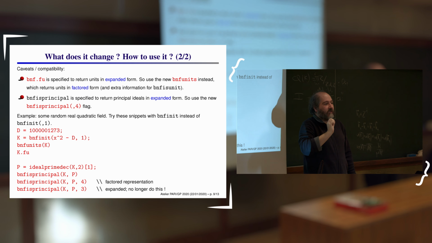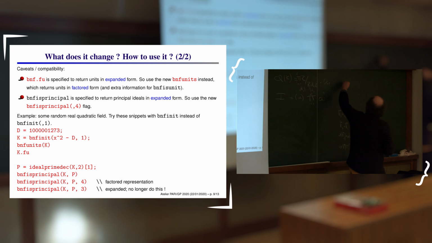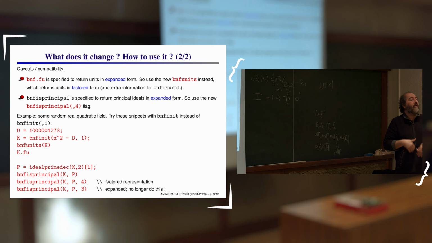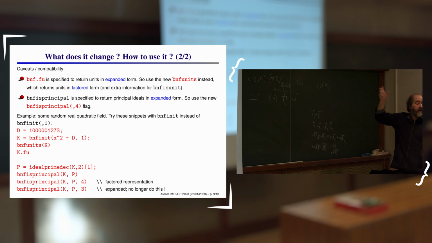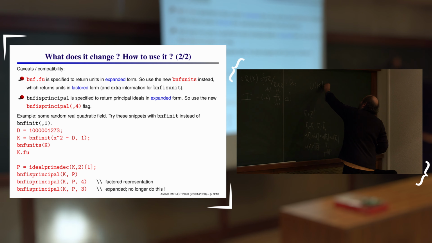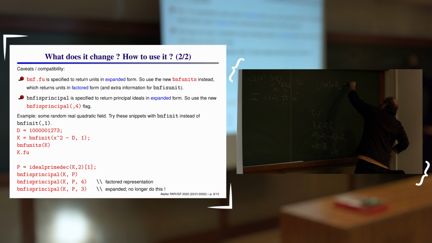We're in slight trouble because the previous situation was not completely satisfactory. What is meaningful is U of k, all the units. Usually you're given a unit. And even though you know it has a torsion part, a cyclic part, and a free part, you remember there was this Z mod wZ times Z to the r1 plus r2 minus 1.